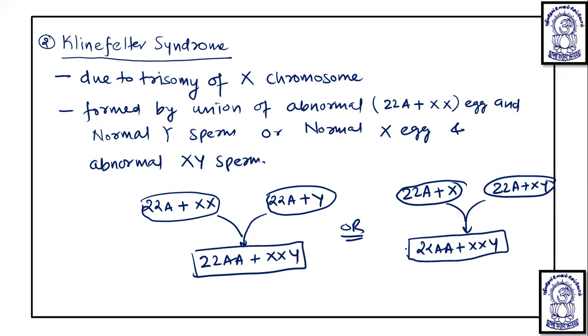Then this fusion occurs and Klinefelter can occur. So Klinefelter is going to have 22A, meaning 44, plus XXY condition. So the total number of chromosomes is going to be 47 in such an individual.